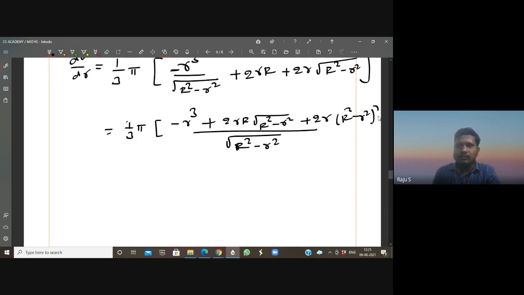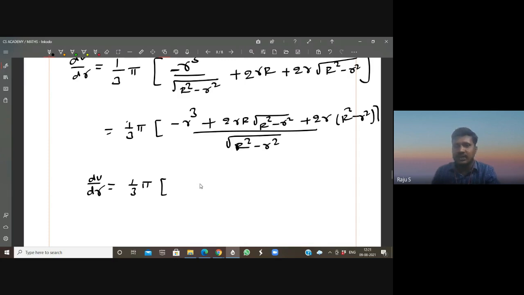Yes, students, all of you simplify this. When I multiply with 1 by 3 pi, anyhow 2 r cube we will get, 1 by 3 pi times of, because you know this is just a first derivative.